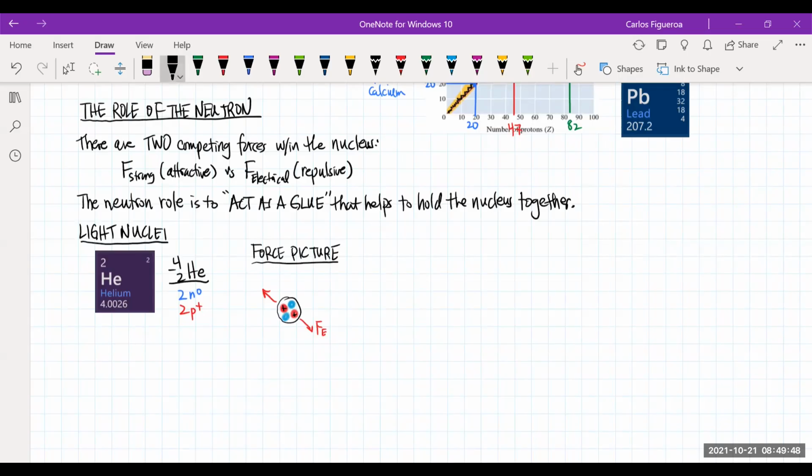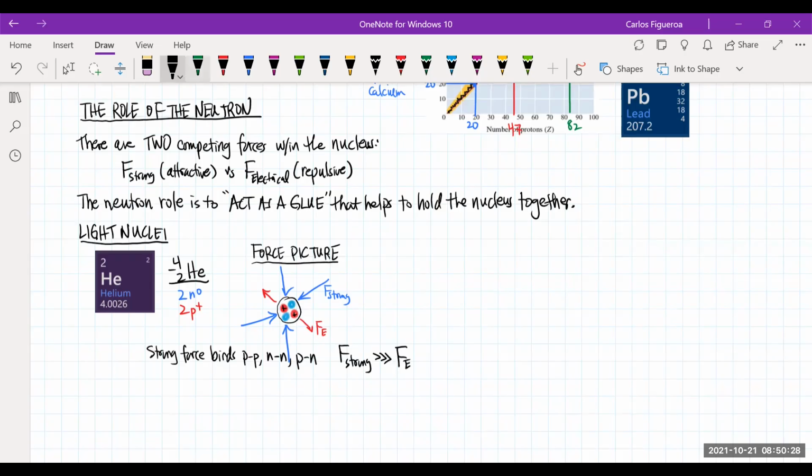So in this case, what we're seeing here is that the strong force binds proton to proton, neutron to neutron, and proton to neutron. So you're seeing lots of binding here because there's just so many of these guys in here. So when you look at the strong force in this situation, you're finding that the strong force is just much, much bigger than the electrical force.